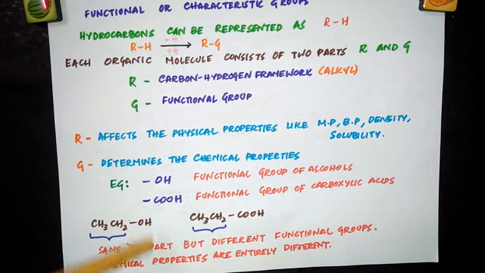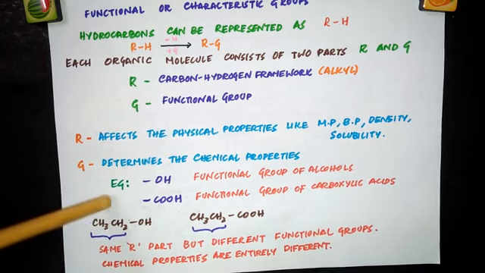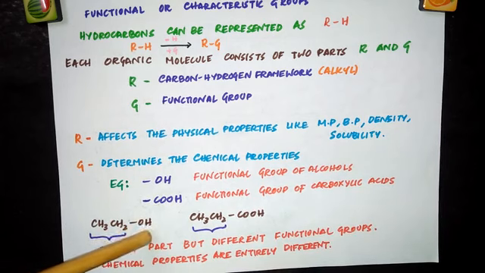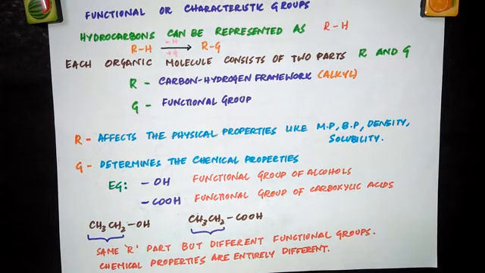If the functional group is the same, for example, I just told you CH3OH is methanol, CH3CH2OH is ethanol, CH3CH2CH2OH will be propanol. So no matter what alkyl part you have, if you have OH, they will be behaving similarly. However, there are exceptions where the molecules will exhibit some special properties.